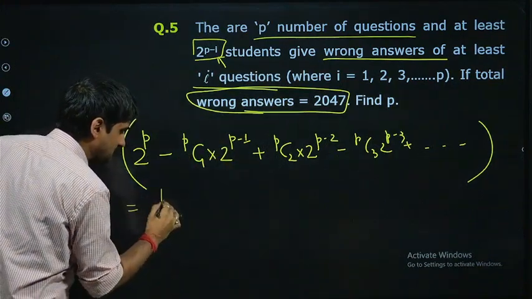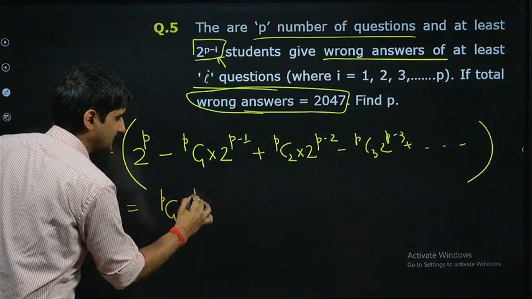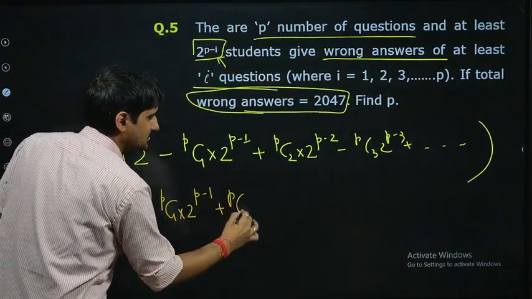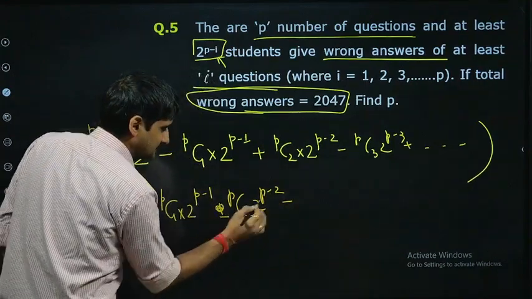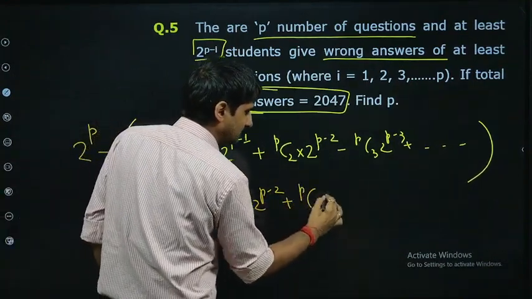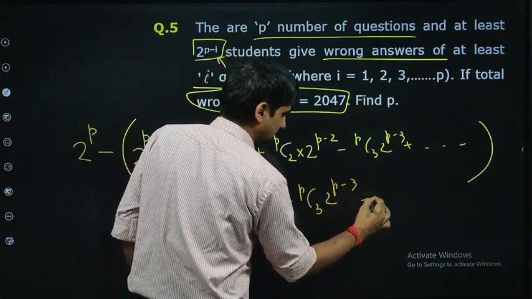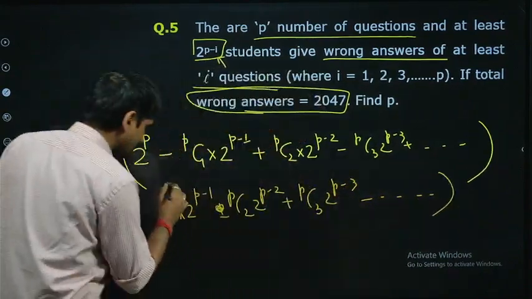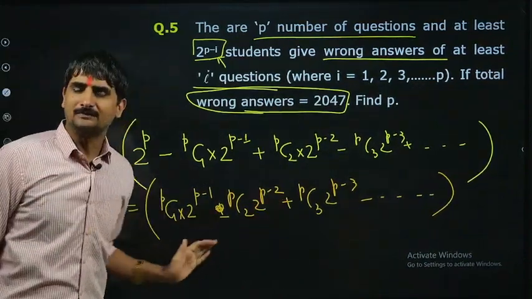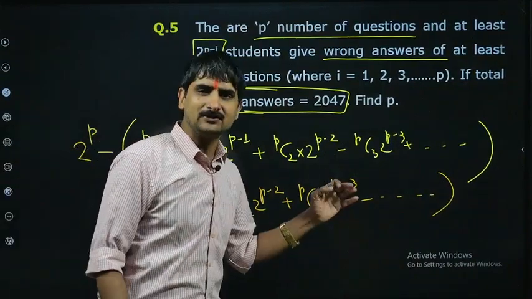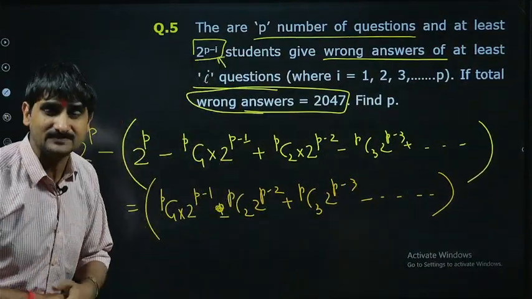So this is PC1 into 2 raised to the power p minus 1, minus PC2 2 raised to the power p minus 2, and then sorry, this is minus here, plus PC3 2 raised to the power p minus 3, and then minus and so on. Now that's of course a part of binomial expansion, but which binomial is it?